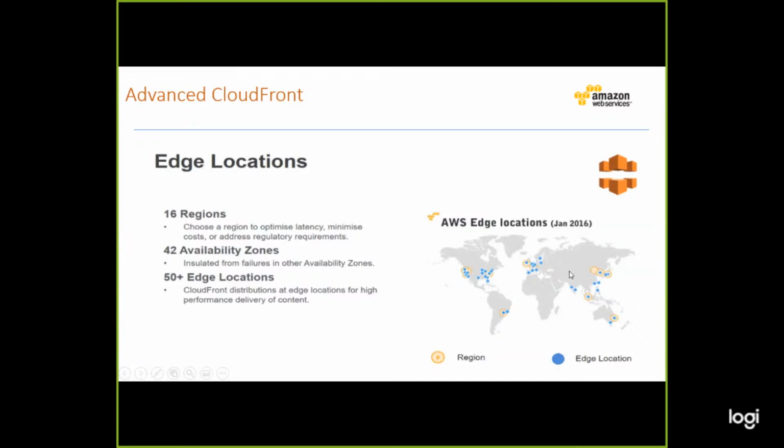So if you are in Europe, for example, and want to reach Asia or America, you can use this edge location, which is in blue, to paste or copy your content there and enable users in that region to access this content without coming to your origin server. Recently, they have more than 16 regions, because this is the latest update from Amazon, which was on January 16, and they have more than 42 availability zones and more than 50 edge locations.